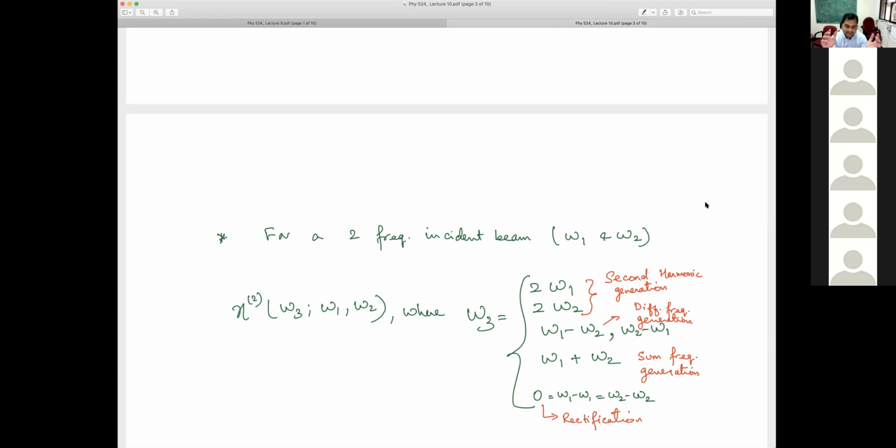Then from the green laser, how do I construct a blue laser? I can do that by using sum frequency generation. And suppose I have a green laser and I want to do experiments in the red laser regime. Then I'll use difference frequency generation. So that's all I said.